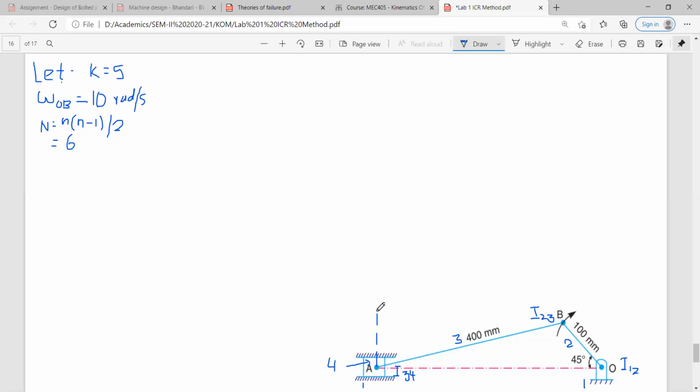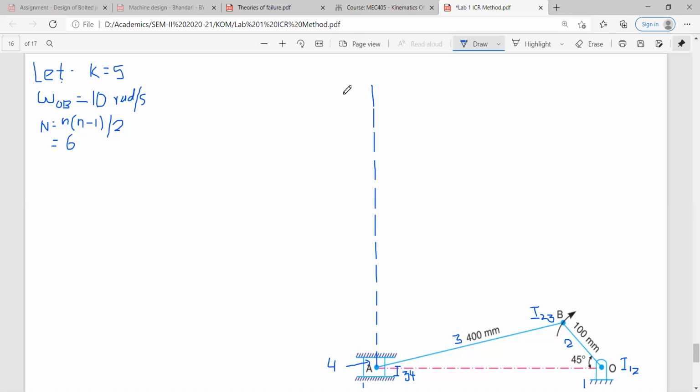The radius of rotation will be at infinity. So what I will do, I will draw a line perpendicular to the motion of the slider. The motion of the slider is in a horizontal path, so this line I will draw in the vertical direction.